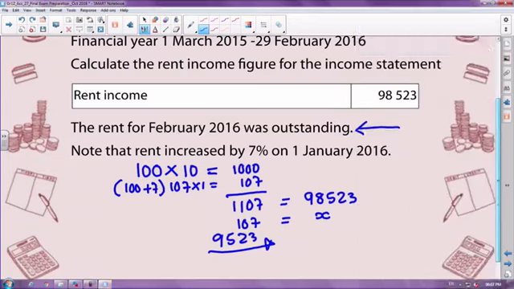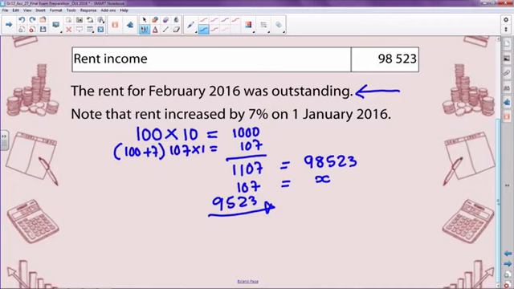And therefore, what are we going to do now? Very simple. Open my bracket for rent income, put in the 98,523, which is the given figure, right?